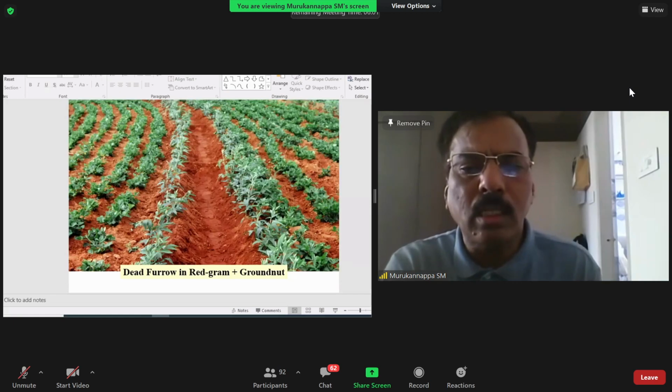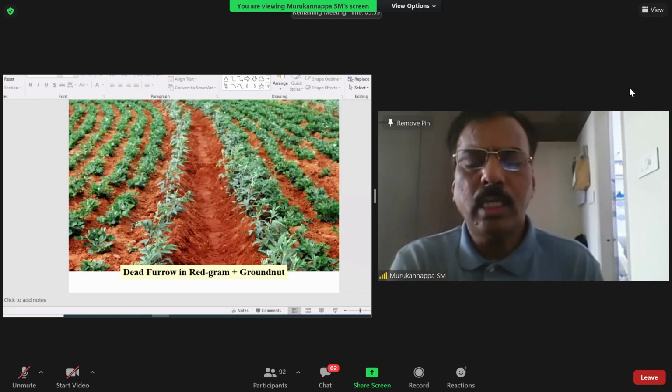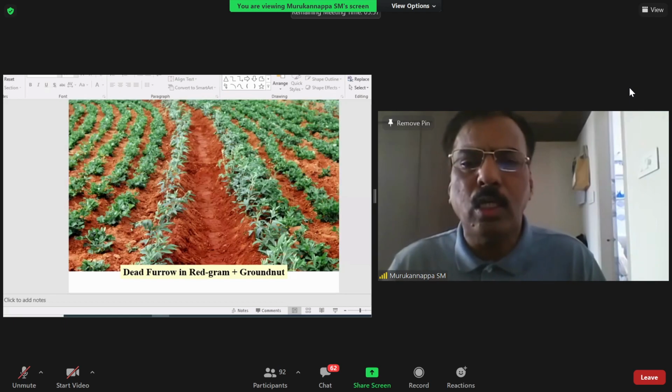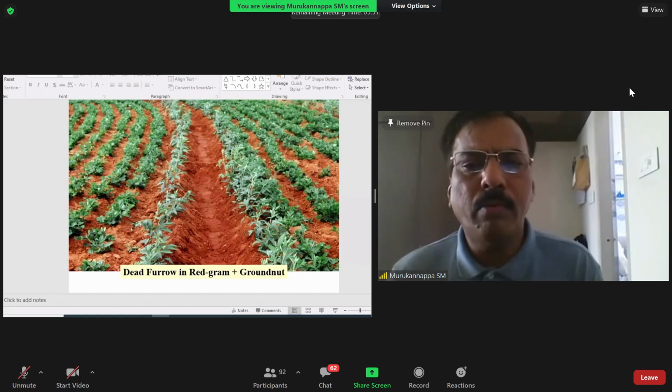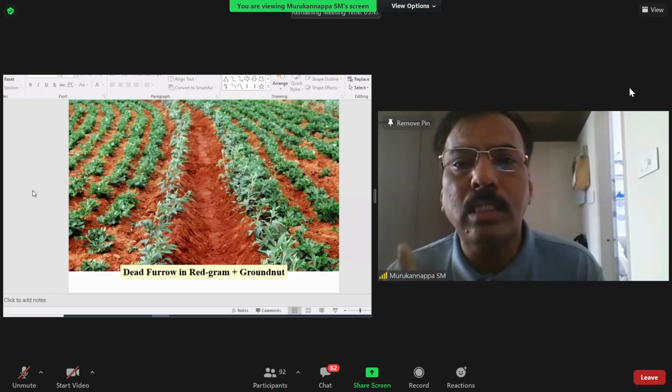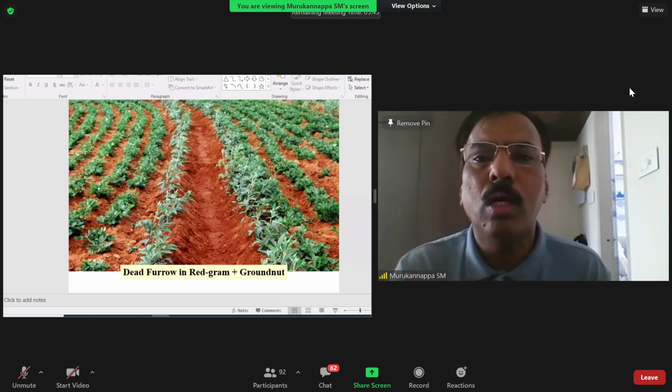So the gap between the two rows is wider. In between these two rows, opening up a dead furrow is nothing but a conservational furrow. Remember, conservational furrow.